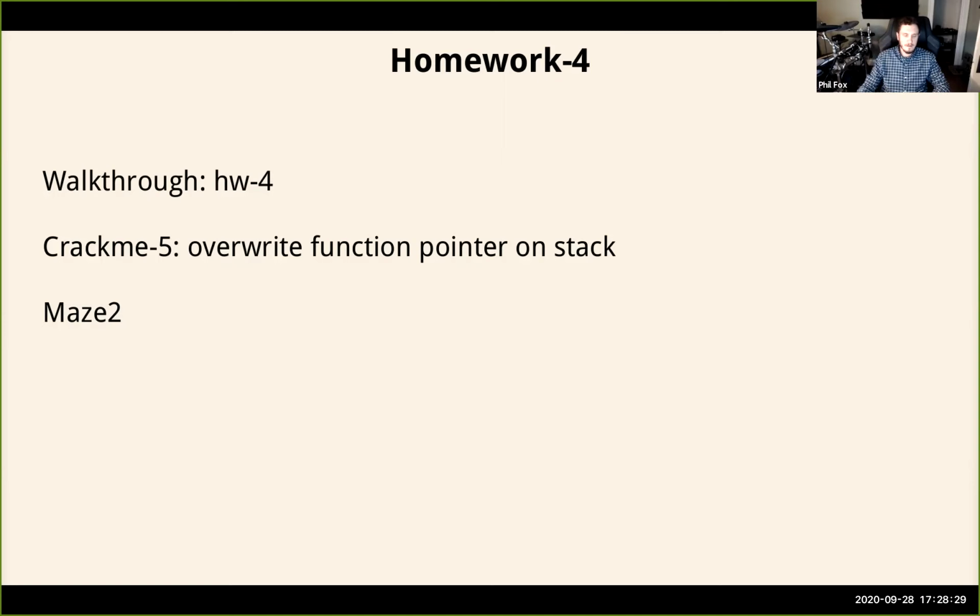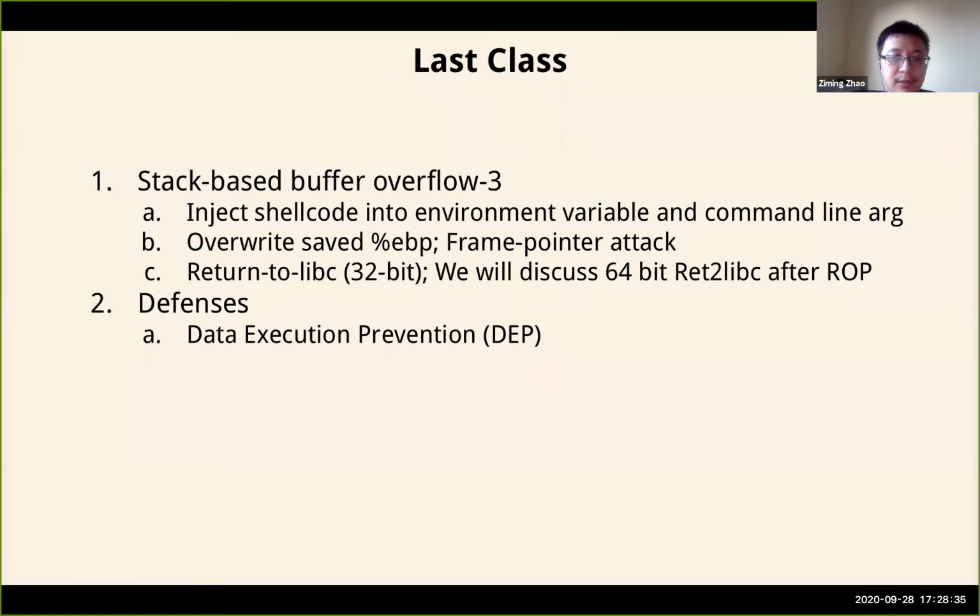Thanks, though. Okay. So next we are moving to what we're going to discuss today. Last week we saw that there are many other vectors we can use to inject shellcode. We can put shellcode in an environment variable. We can also put shellcode in command line arguments.